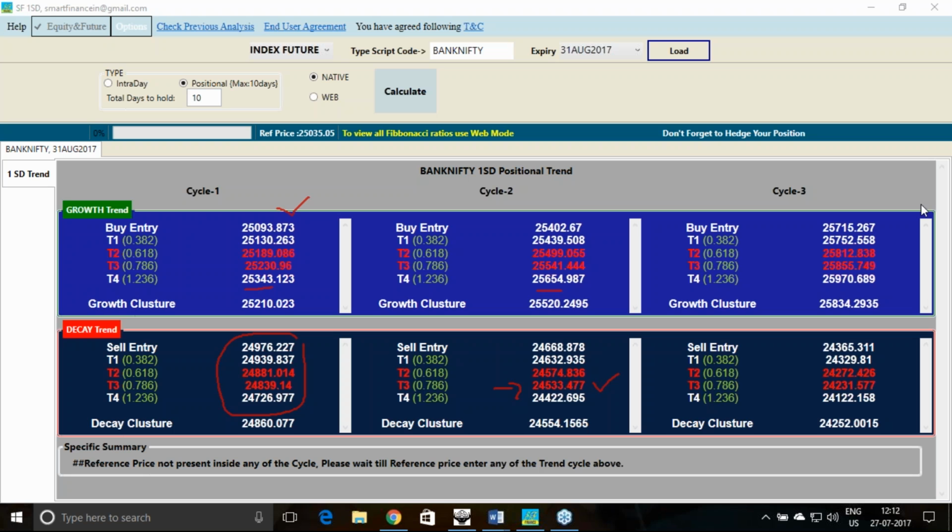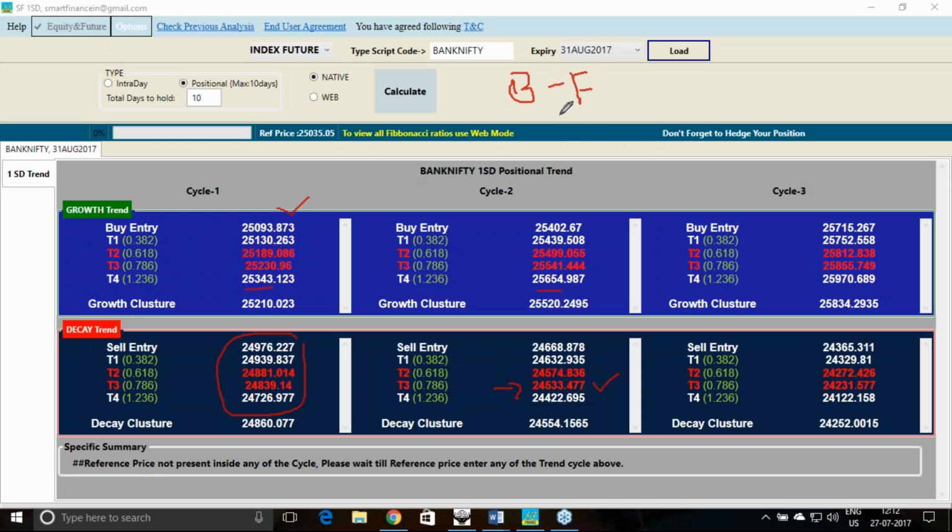I am using the monthly contracts, so I have suggested you to buy the future, and at the same time you will be selling the 25,000 call option of September monthly expiry, which is the 28th of September expiry. This will be trading at 540 plus level.